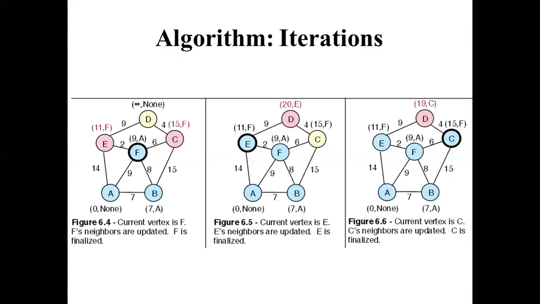We found out that using node C, we can reach D. So the pair value for C is 15, F. To this 15, if we add the cost of edge CD, which is 4, the result is 19. So 19 is the cost to reach node D, and thus the pair value becomes 19 and C.